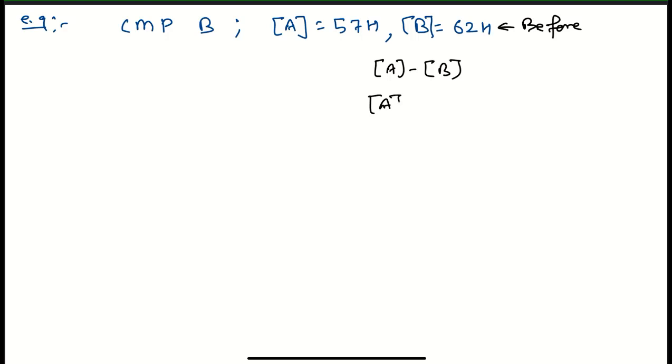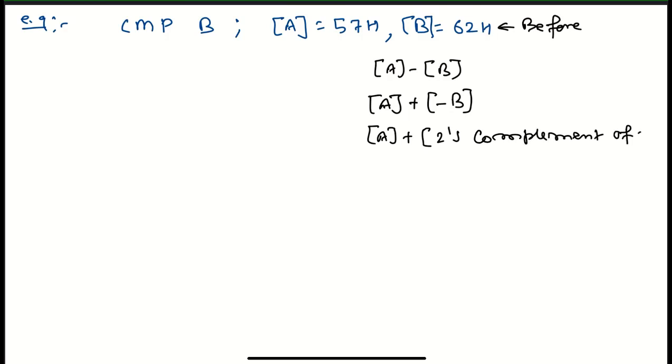We have to take A plus minus of B. This can be written as A plus 2's complement of B, and 2's complement of B is equivalent to minus B. So whatever B is, 62H, when we take its 2's complement, it represents minus 62H, and if that is added with 57H, it is called the subtraction of 57H and 62H.